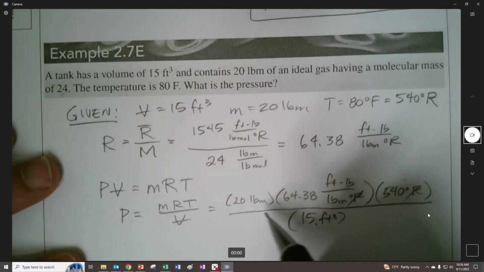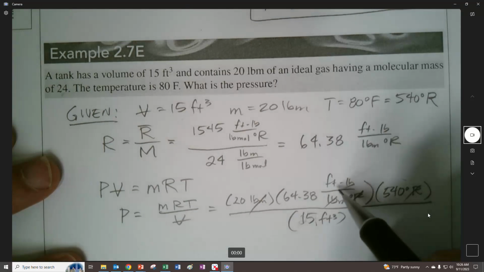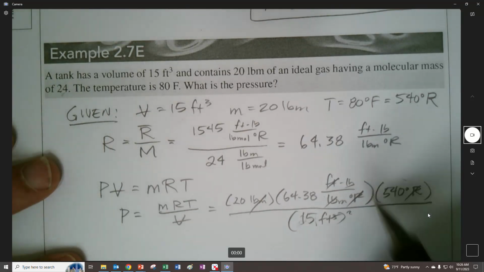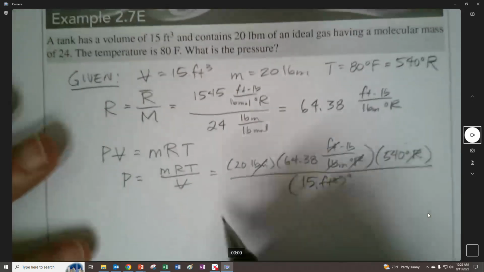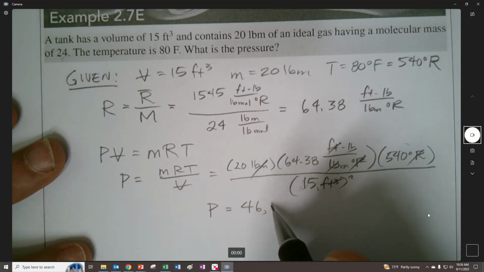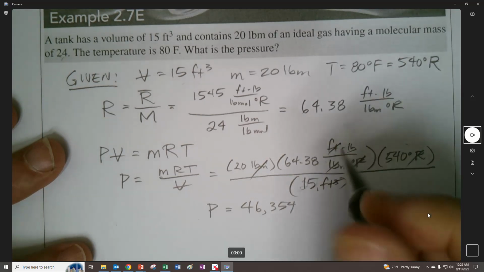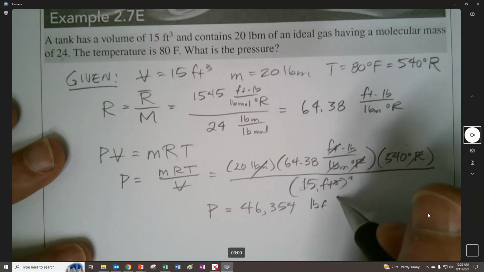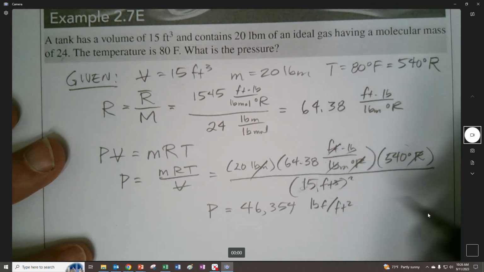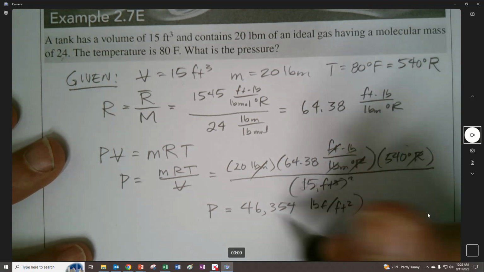R's cancel out. Pounds mass cancels out. That foot gets rid of 2 of those 3 feet, so we have pounds per square feet. Our pressure is therefore 46,354 pounds force per feet squared, which we don't need.